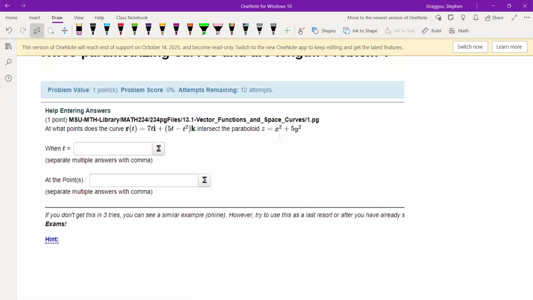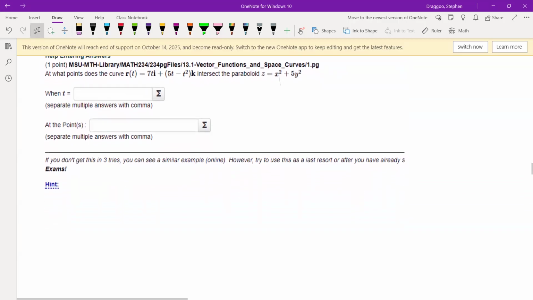At what points does the curve r(t) intersect the paraboloid z equals x squared plus 5y squared? Well, I just want to plug that curve into the paraboloid. So I'll have something like 5t minus t squared is equal to 7t squared plus 0 squared.